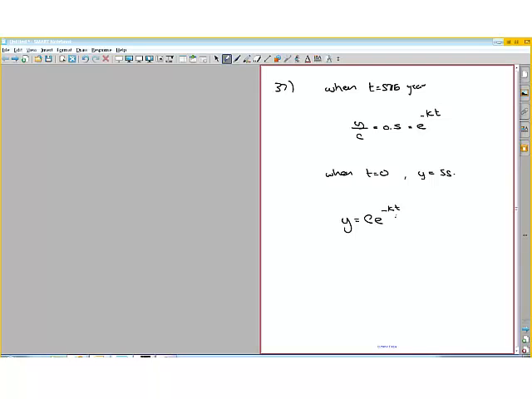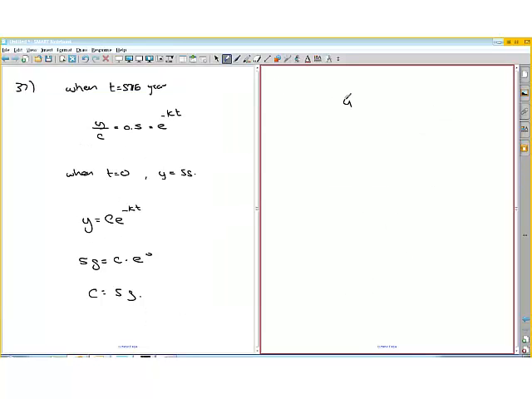When t equals 0, we get e to the 0. So we get 5 grams when t equals 0. So e to the 0 is 1, so c is 5. So that was easy. That's the easiest one.